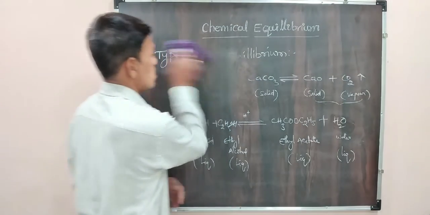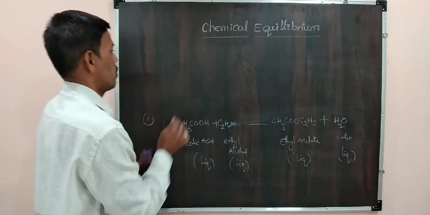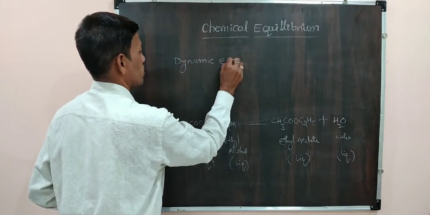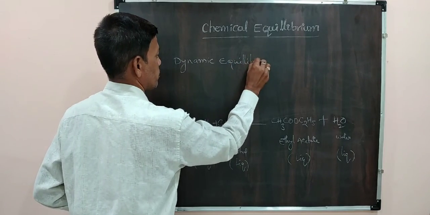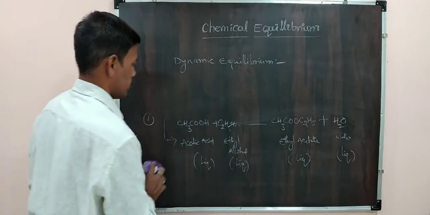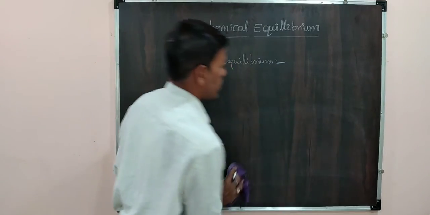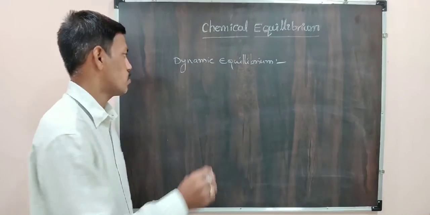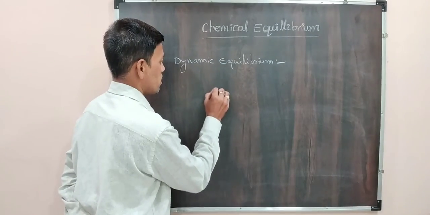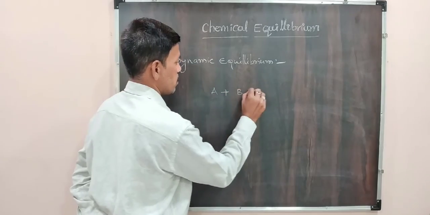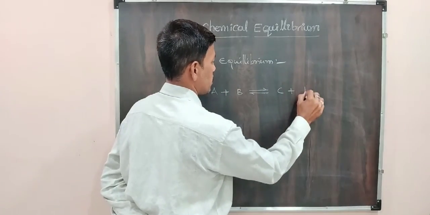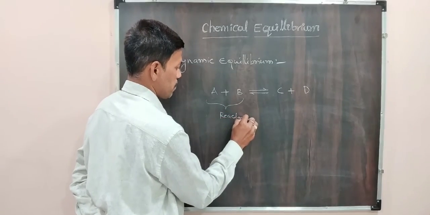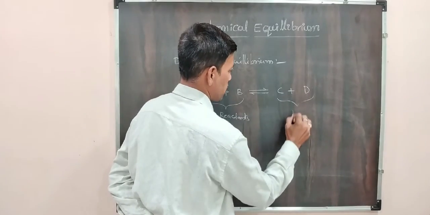Now we move to the next one, dynamic equilibrium. What is this? Here, friends, in the forward reaction A plus B gives rise to C plus D. Here A plus B are reactants and C plus D are products.